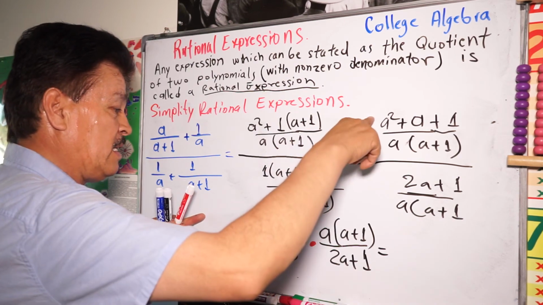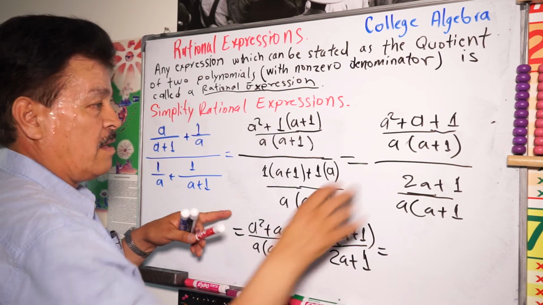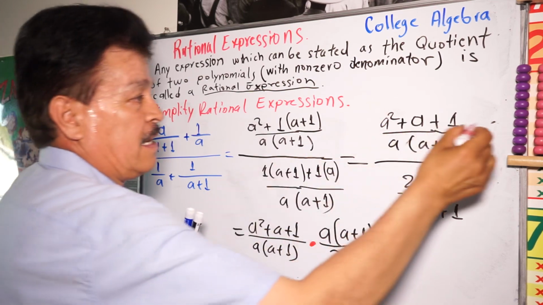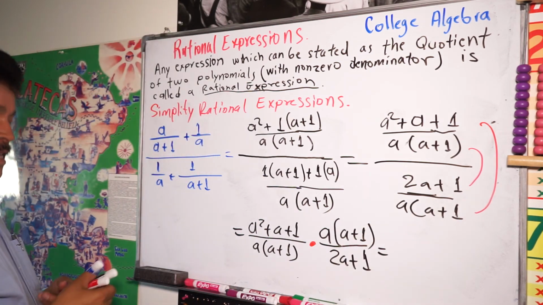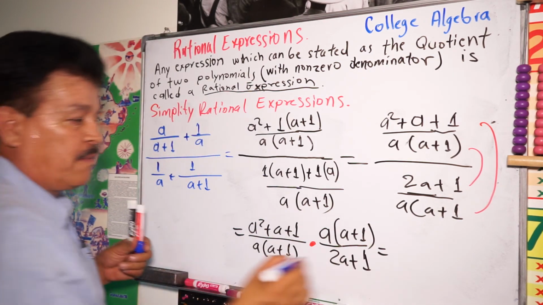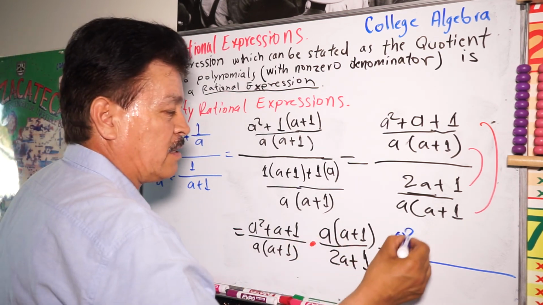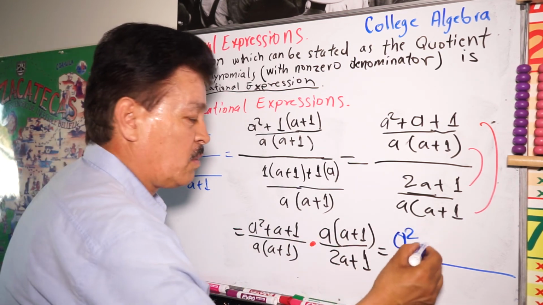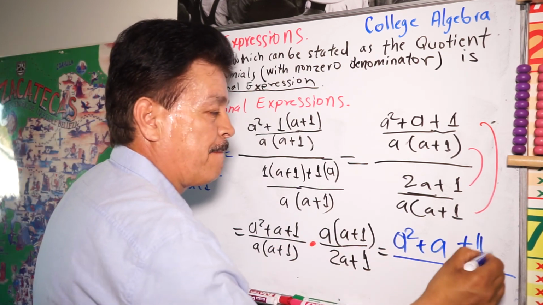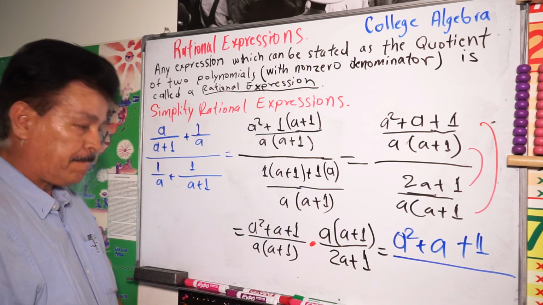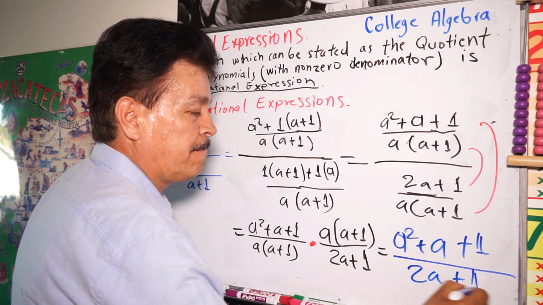When you multiply this, the answer is going to be a squared plus a plus 1, divided by 2a plus 1.